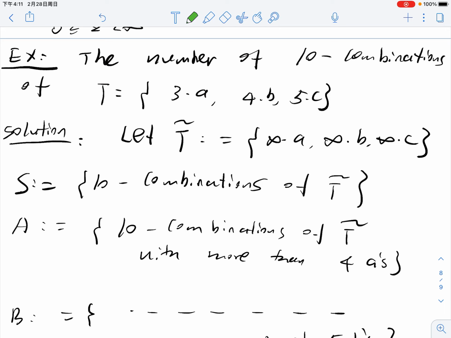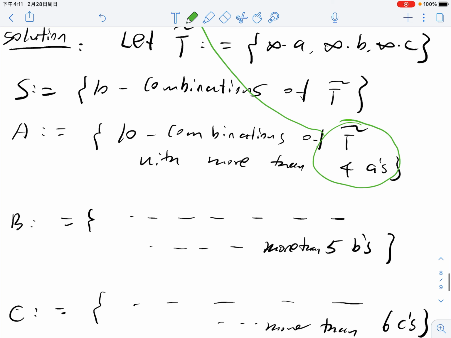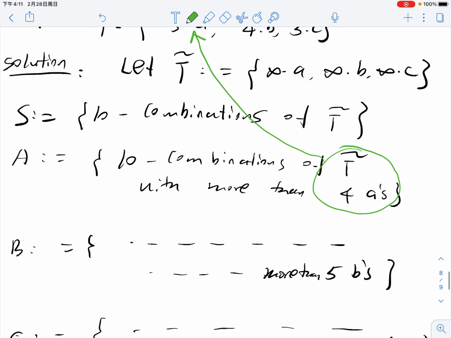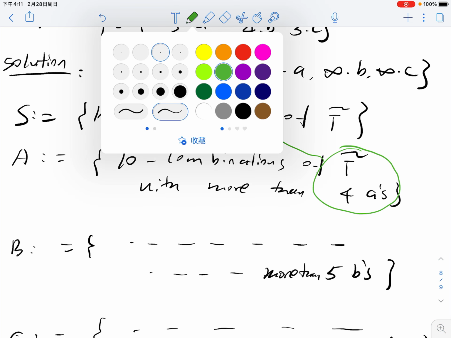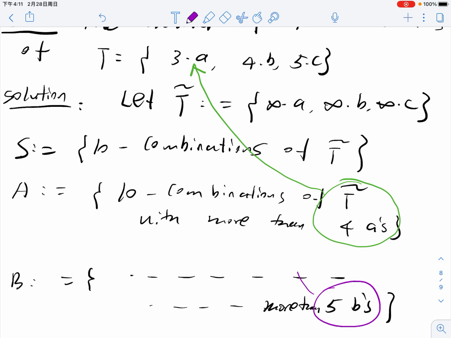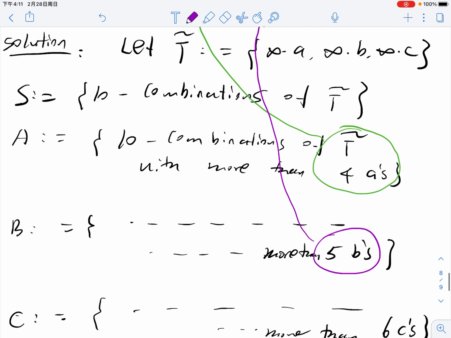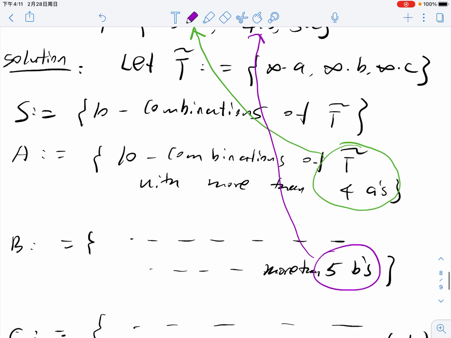So where do 4, 5, 6 come from? This is because the original T only has 3 A's. So if you have more than 4 A's, then this cannot be counted as a solution to the original question. Similarly, when you have more than 4 B's in your combination, then it's not a solution to the original question.